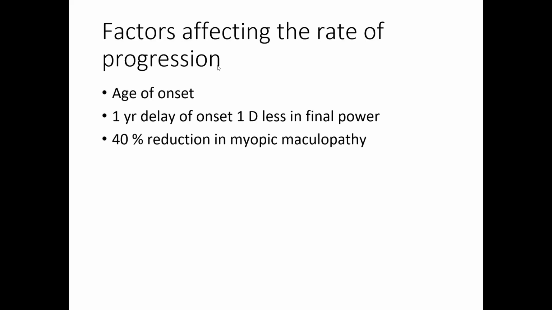The factors affecting the rate of progression are the age of onset, that is the age of the beginning of the myopia. A 1 year delay of onset of myopia can reduce the final refractive power by 1 diopter and also can cause a 40% reduction in myopic maculopathy. So that is where this study has taken place.